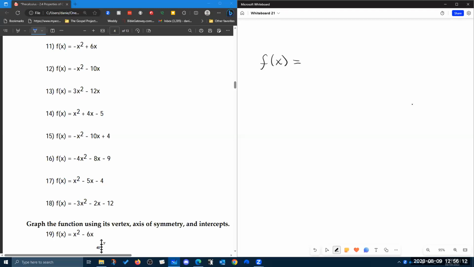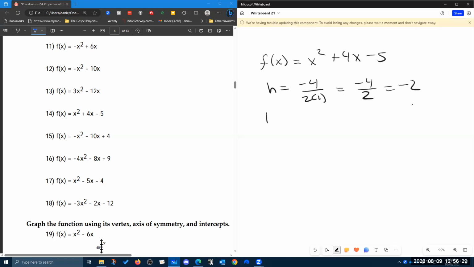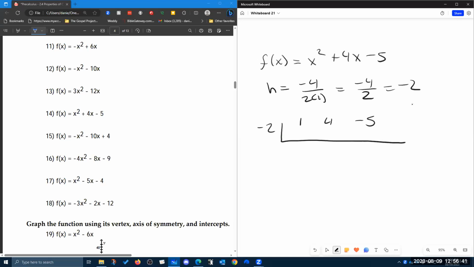f(x) is equal to x squared plus 4x minus 5. So my x coordinate is going to be negative b over 2a. My y coordinate is going to be calculated this way.